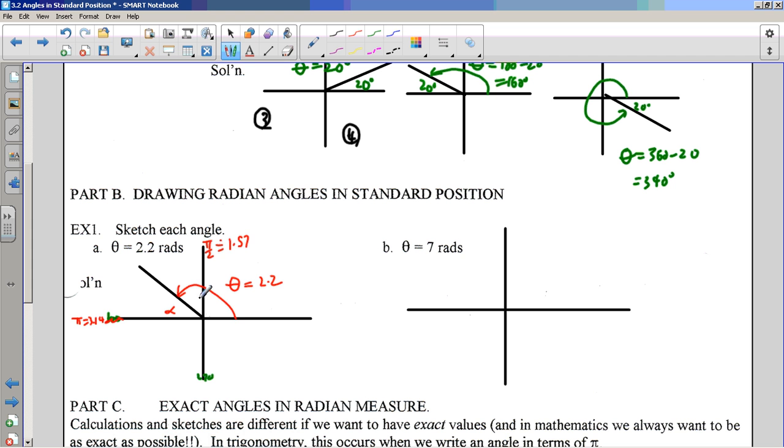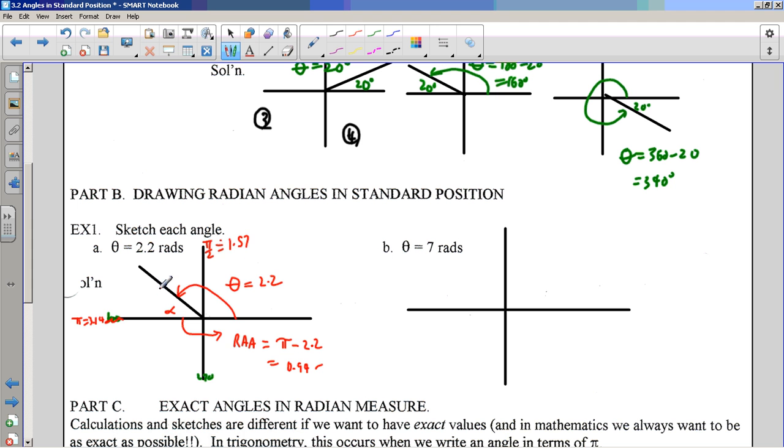Well, the reference angle here, the RA, isn't 180 minus 2.2, because 180 is in degrees. It's pi subtract 2.2. That's because this cutoff line, what was 180 in degrees, is pi in radians. Pi minus 2.2 gives you approximately 0.94 radians.